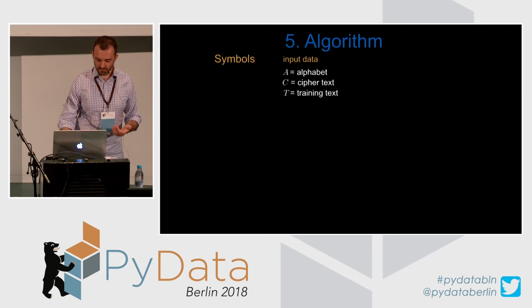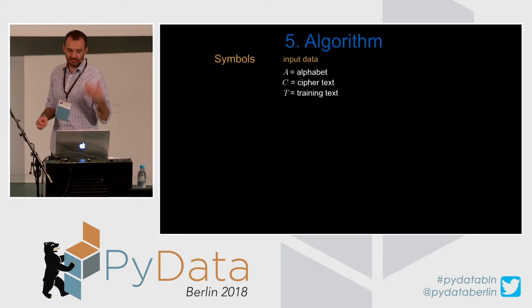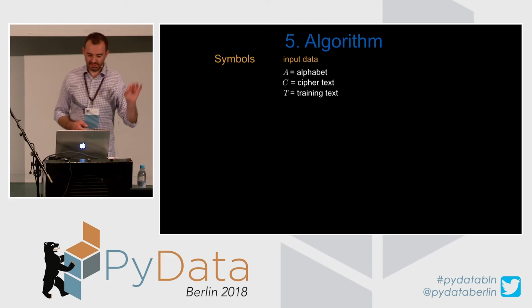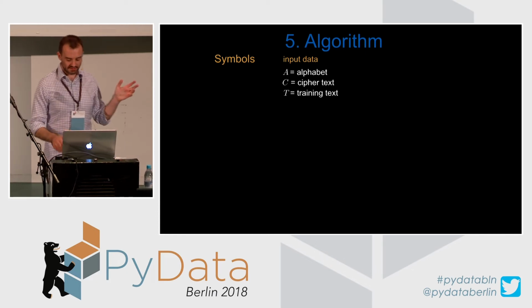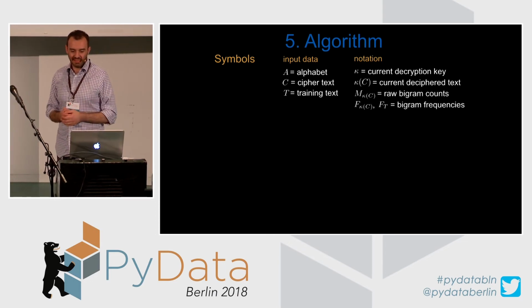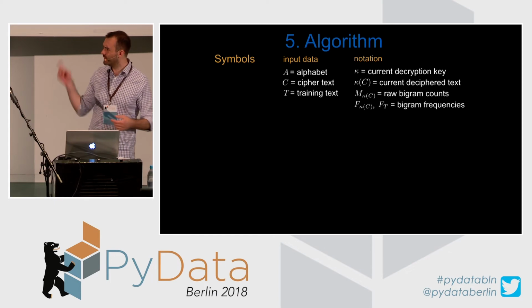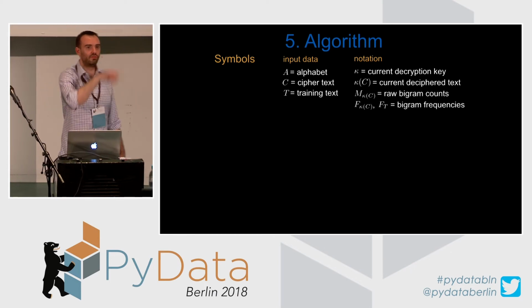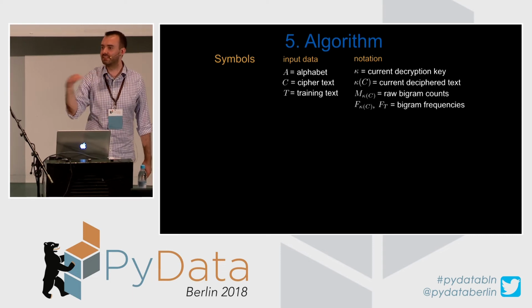All right, so first of all, the formulation of the task gives us some input data. So that's the alphabet, the ciphertext, and the training text, denoted thusly. A little bit more notation. K, as I suggested, is the decryption key. I'm calling it current here because it'll keep getting updated in a for loop in the algorithm, and it's sort of our best guess at each stage.